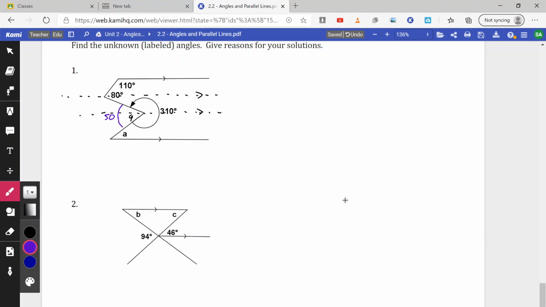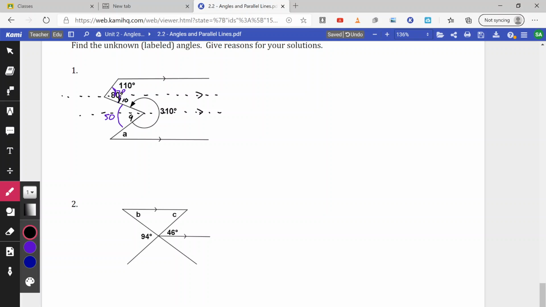Up top, we have 110 degrees. We have 80 degrees being the whole way. Well, we know consecutive interior angles are going to be 180 degrees. So this section here is going to be 70 degrees. 110 plus 70 makes 180. And then the bottom part, again, 70 and 80 makes 10.